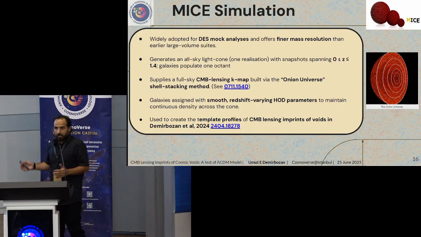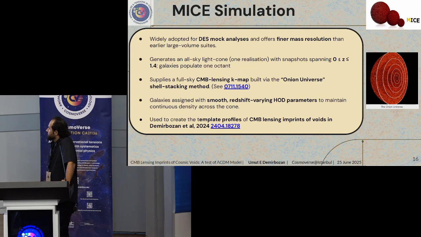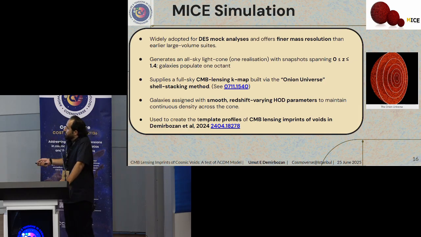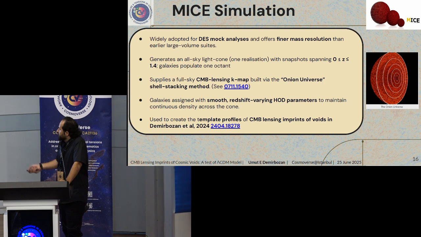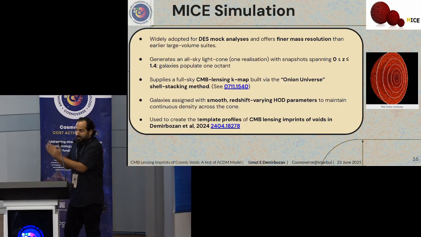It has a CMB lensing kappa map, and we use up to redshift 0.8 here. It offers finer mass resolution than other simulations, and we make sure the HOD parameters are right. So we are simulating what we observe in DES, photometric redshift data. We have the redMaGiC counterparts of galaxies. So we use this mock to create the templates that are lambda CDM expectations.